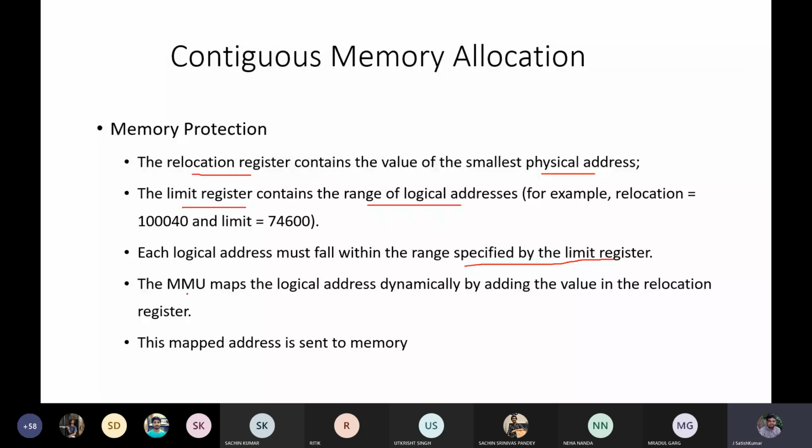The memory management unit maps this logical address dynamically by adding the value in the relocation register. Then this mapped address is sent to the memory. So the allocated memory for a particular process is governed by the relocation register and the limit register. We should be very careful about that.